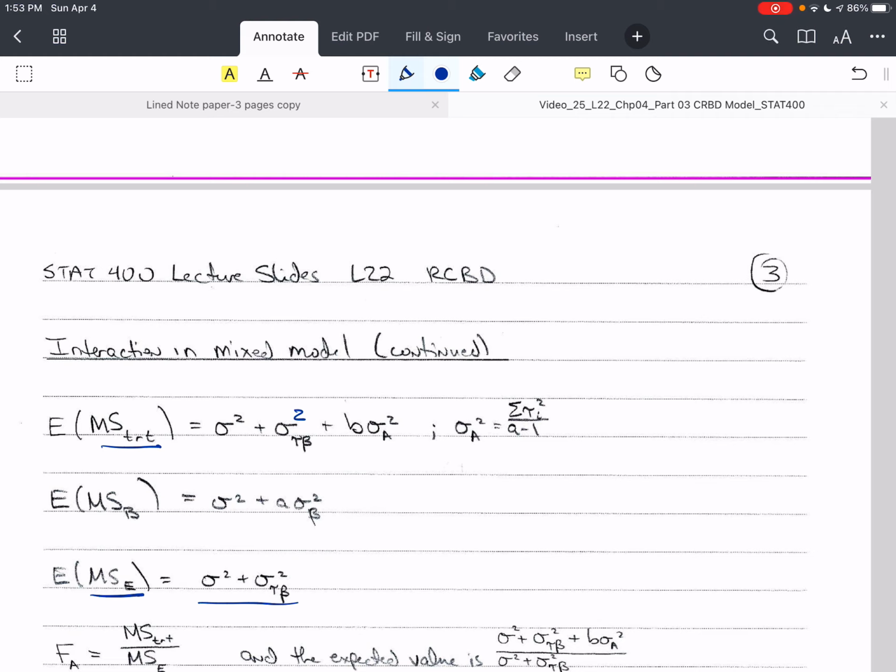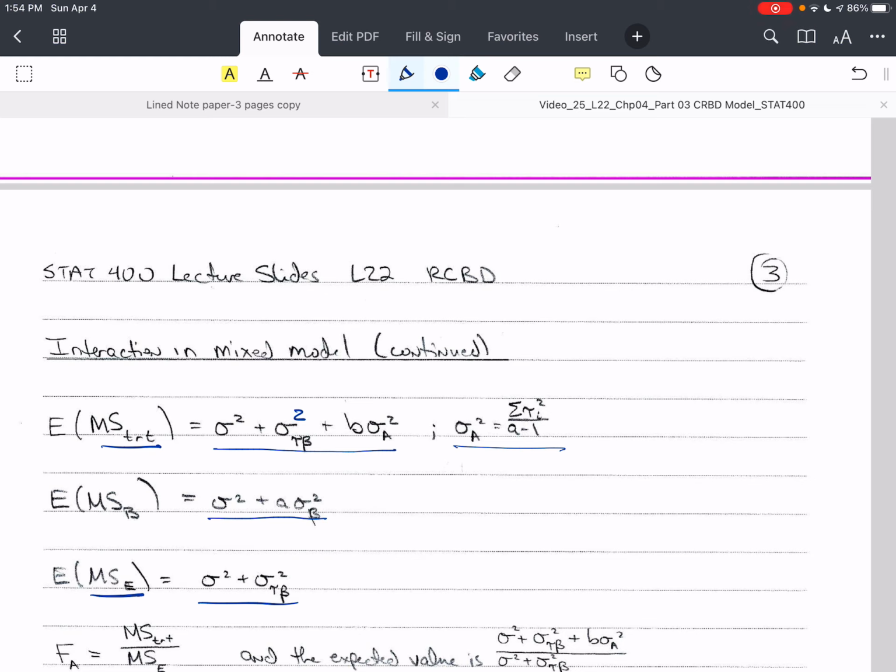Okay. So the expected mean square of the treatment effects becomes sigma squared plus sigma squared of tau beta, the interaction, plus b times sigma_a squared. Again, sigma_a squared is the sum of tau_i squared over a minus 1.